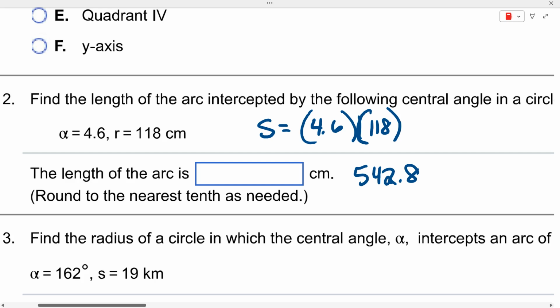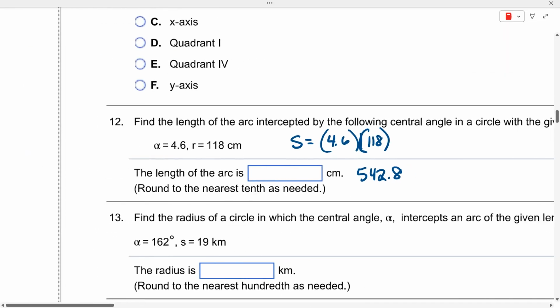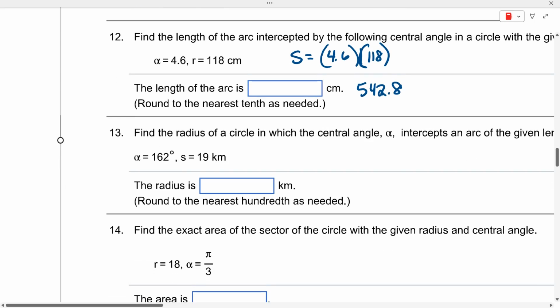Now, if we're given the arc length and we want the angle, or we want the radius, we have to work backwards. We say 19 equals, oh, we're in degrees here, aren't we?